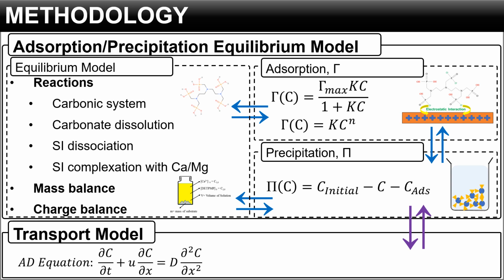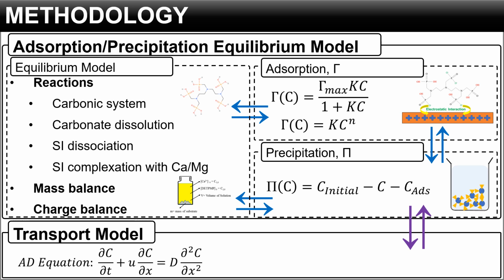Based on these three values, we can calculate the amount of precipitation. Based on this value, we can remove the scale inhibitor from the whole spectrum of the scale inhibitor complexes with calcium and magnesium. So the precipitation will be removed from the scale inhibitor complexes only.